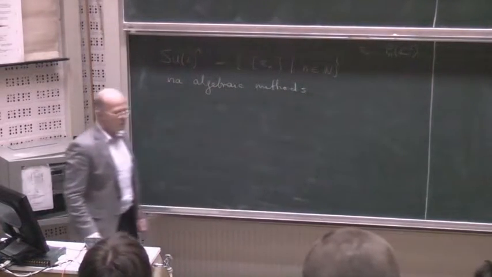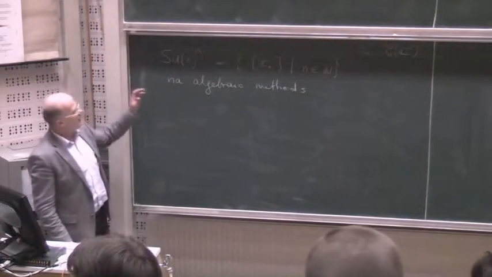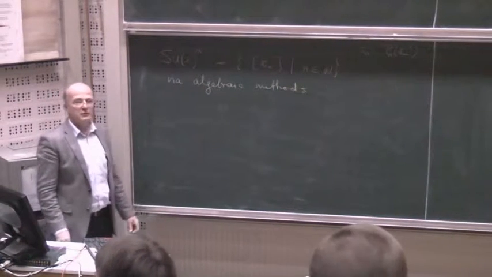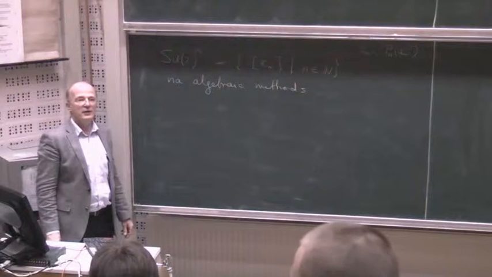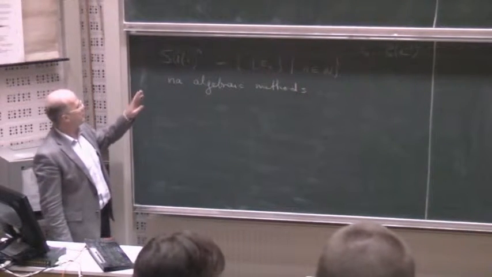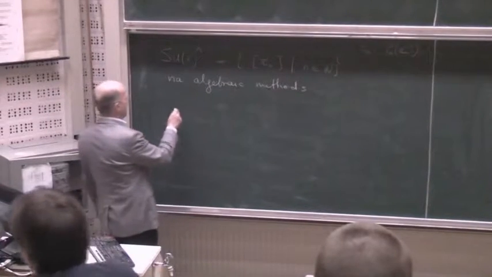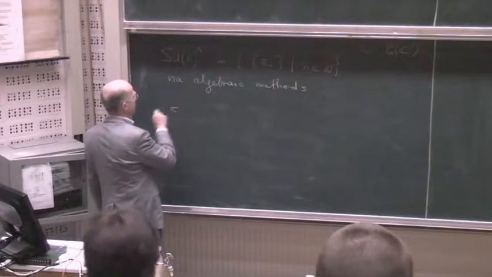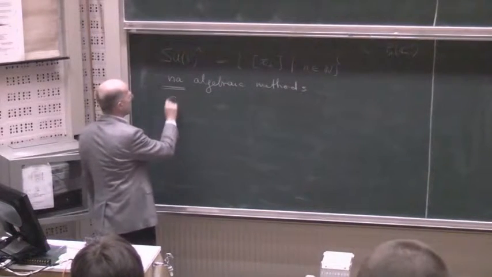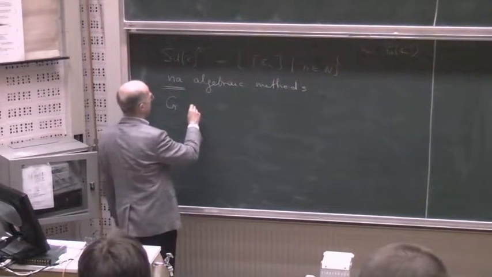So we are going to analyze what irreducible representations for the Lie algebra should be. So let's do this in somewhat greater generality. Let G be say a connected Lie group.